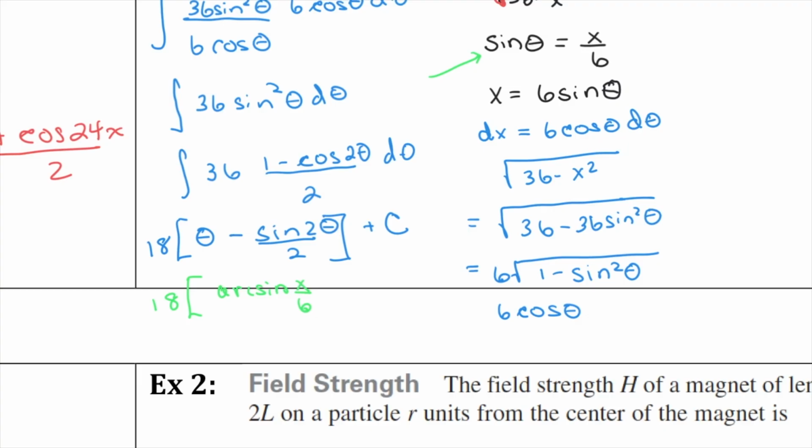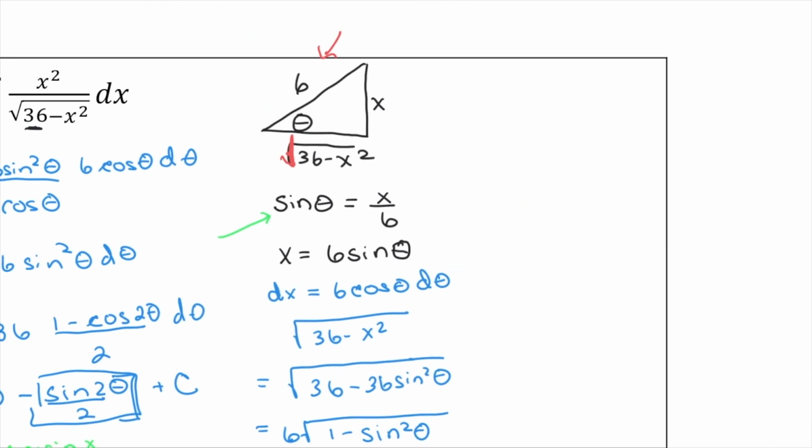Now we have to figure out the sine of 2 theta, and we want to use our triangle in order to help find that value. Another trig identity for us to know would be the sine of 2 theta is equal to 2 sine theta cosine theta. And we know from our triangle that the sine of theta is x over 6. Let's substitute that in.